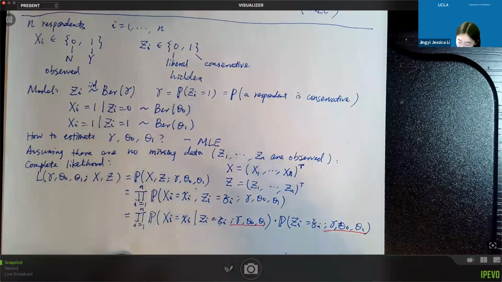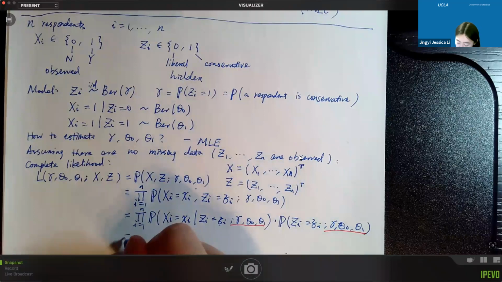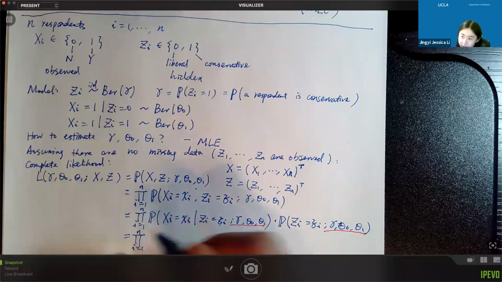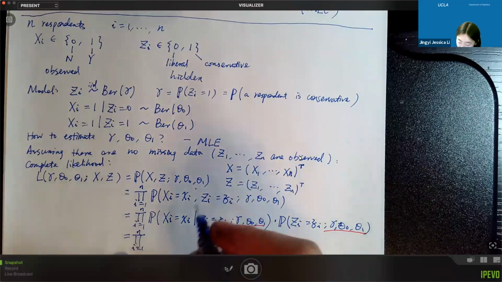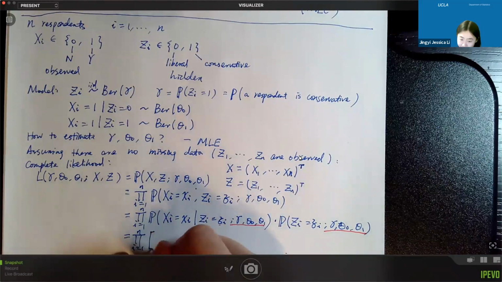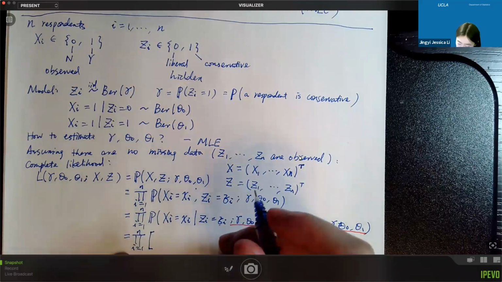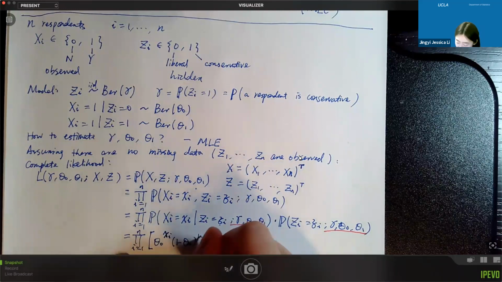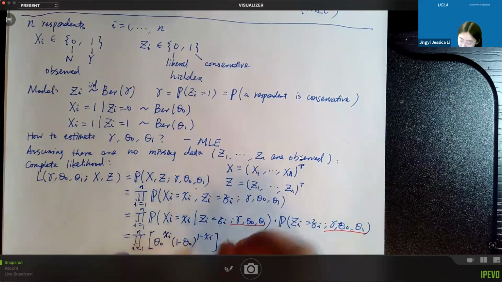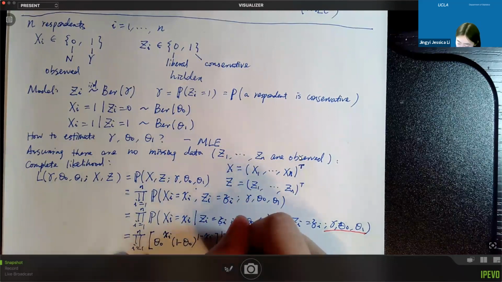So therefore, we can actually unify what I just said into this form. So let's take a look. I can write this first part as theta 0 to the power lowercase xi times 1 minus theta 0 to the power 1 minus xi, and together, I give this a power 1 minus zi.